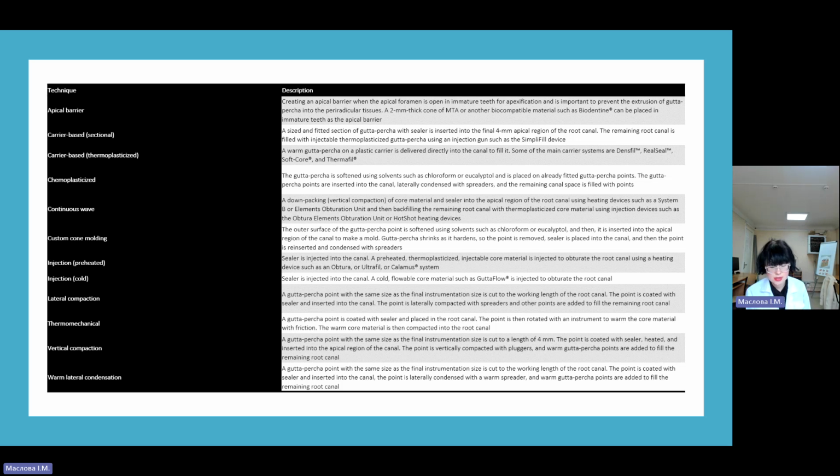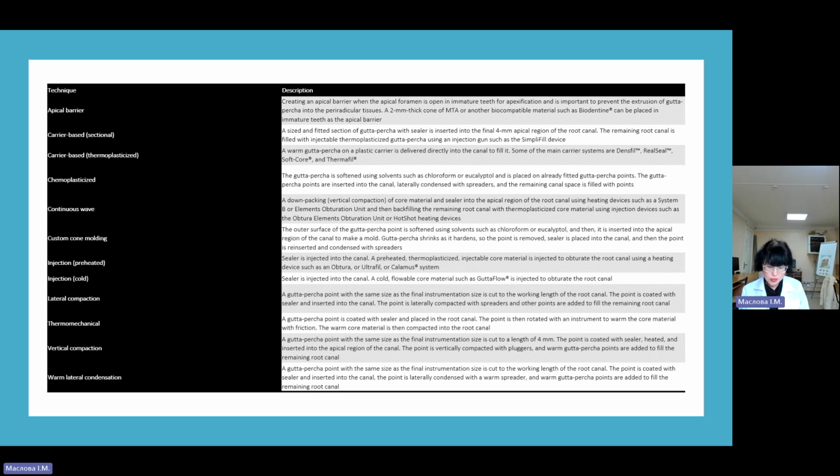AH Plus contains zirconium oxide and calcium tungstate instead of bismuth oxide. It is less cytotoxic than AH 26, can be used in a thin film, has a lower solubility and releases only a minimal amount of formaldehyde.